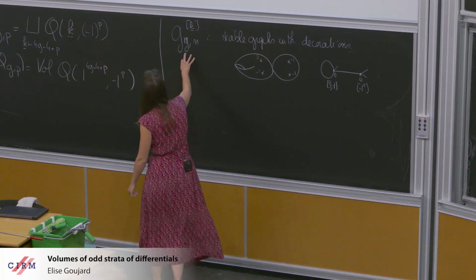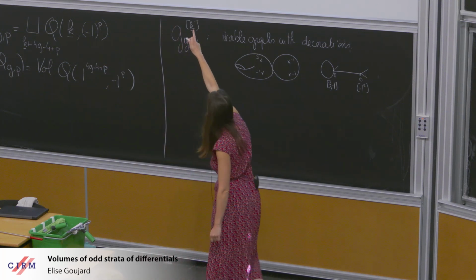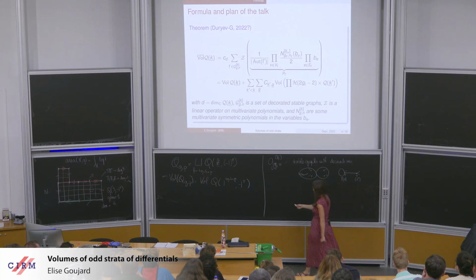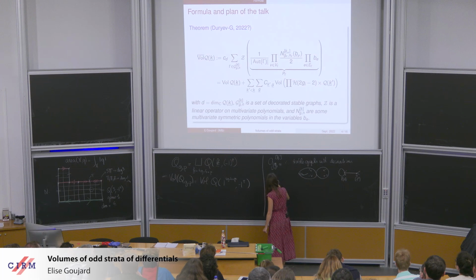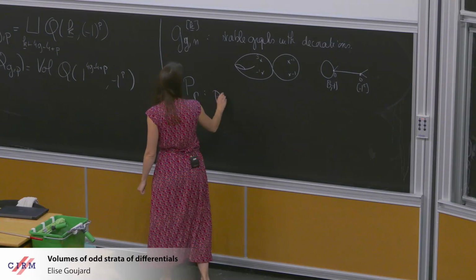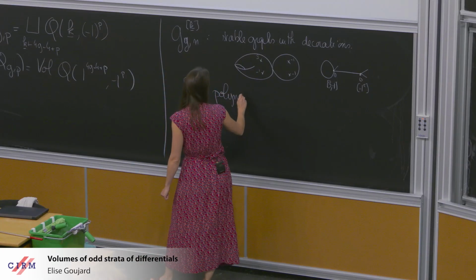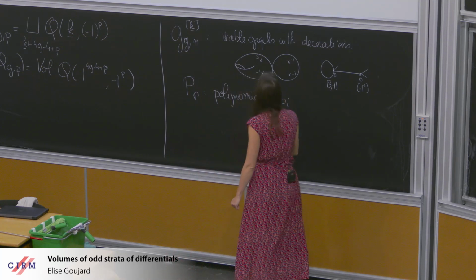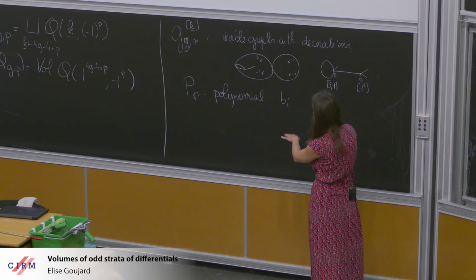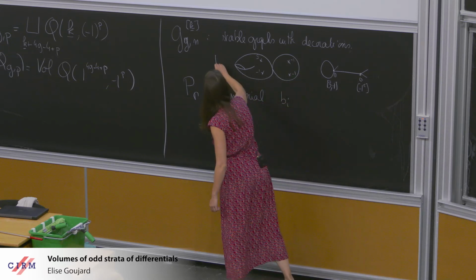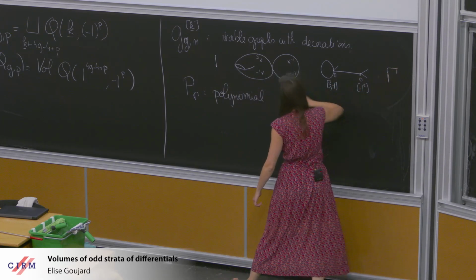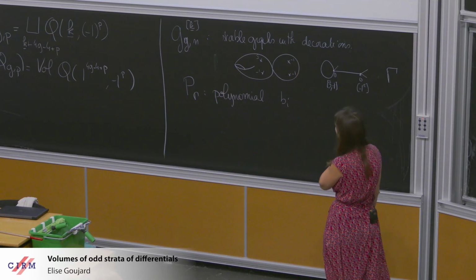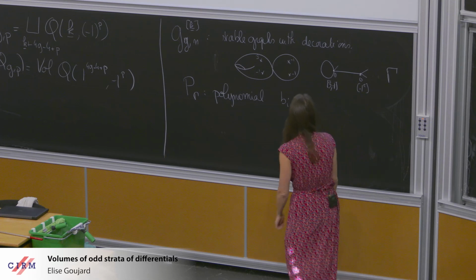So this is the set of stable graphs that I'm summing over. Then I will show you how to construct P_gamma, which is a polynomial in the variables b_i that depends on the graph gamma, and that depends on some other set of polynomials that I will define later. Okay.